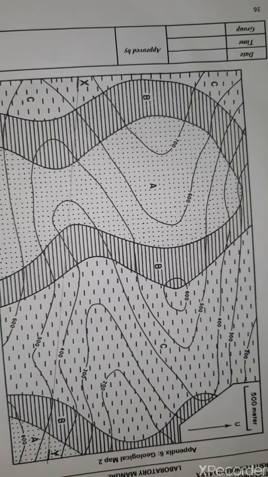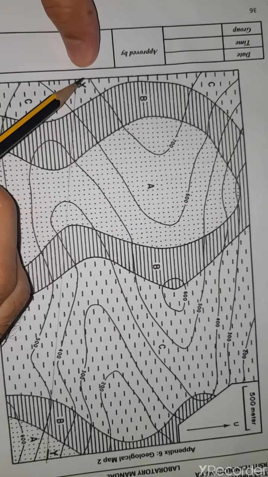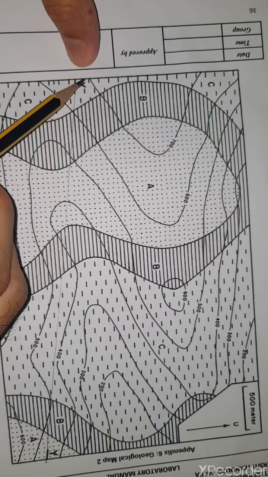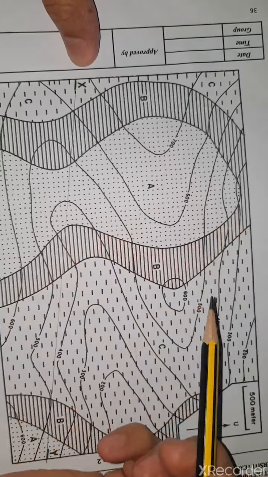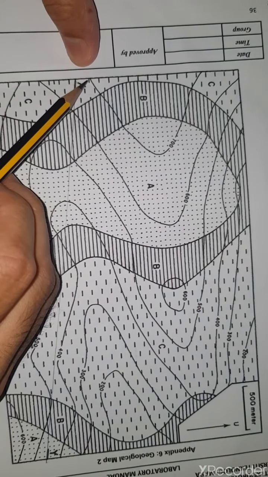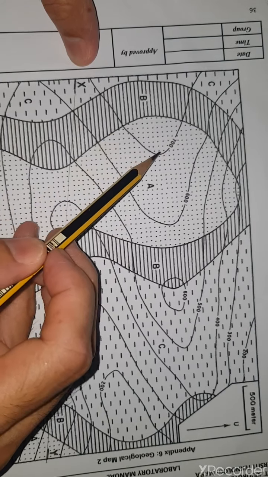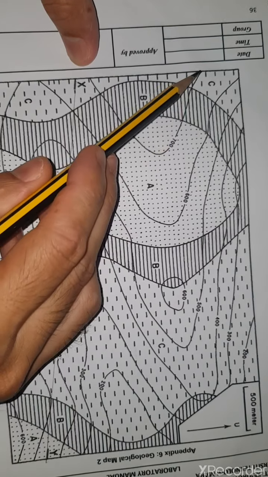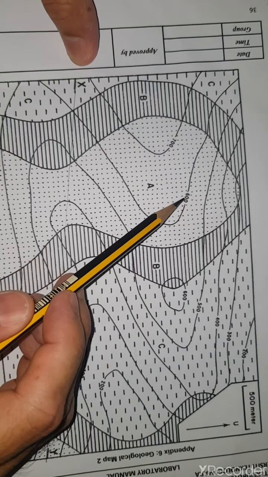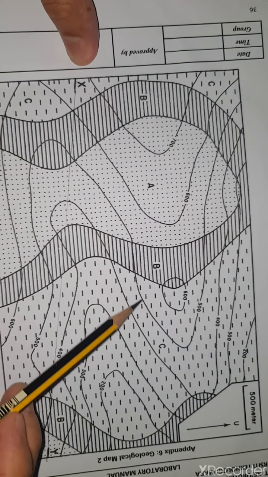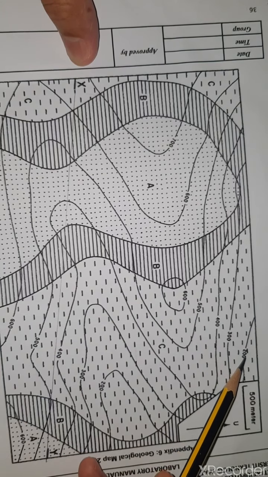You must then know which is the contour line and where is the boundary line. If you can see the pencil here, this is the contour line: 700 contour line, 600 contour line, another 500 and 600, 400, 300, 200 and so on.